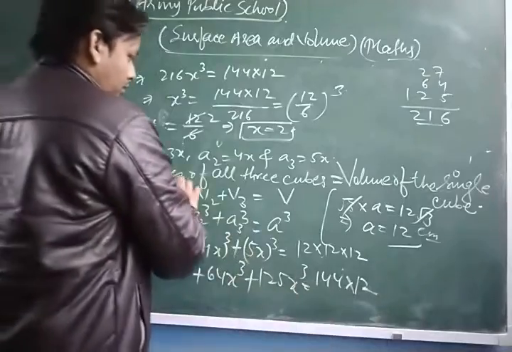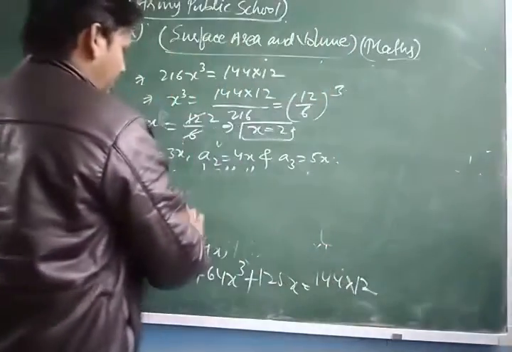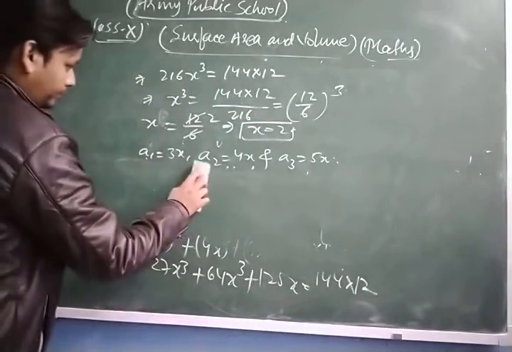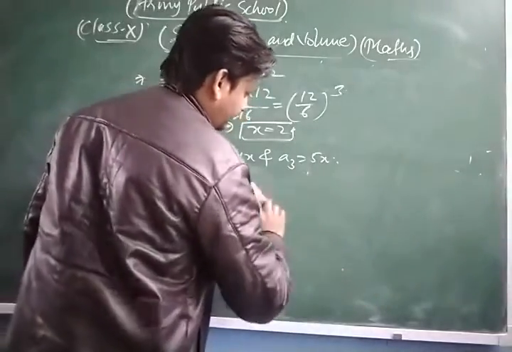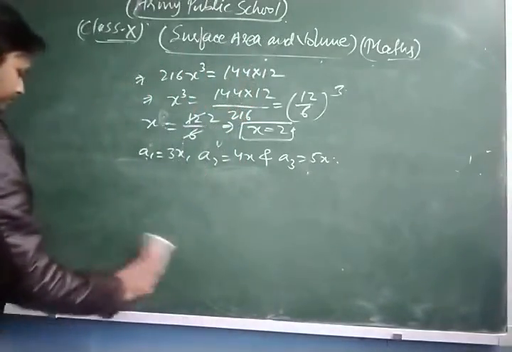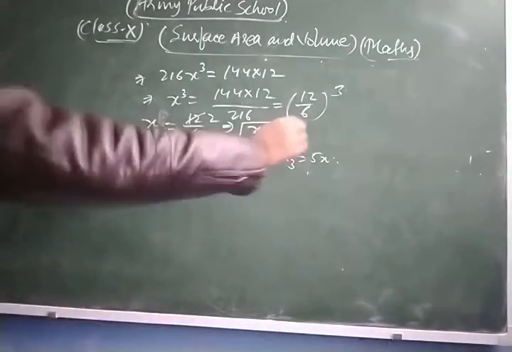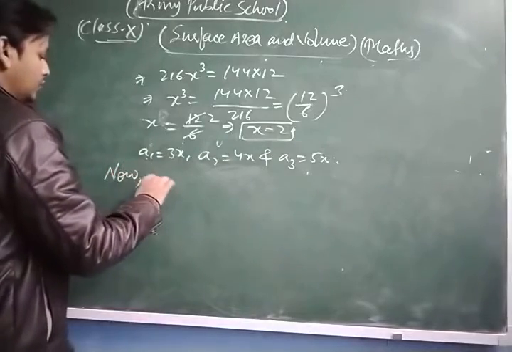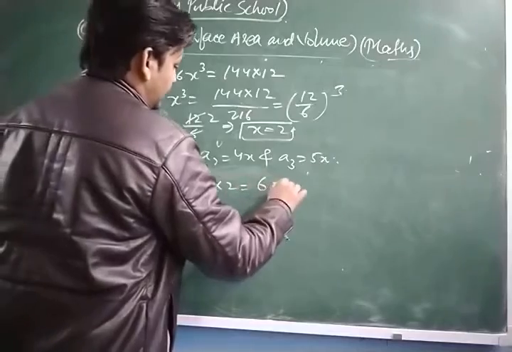Now look. Now the edges of all three cubes: a1 is what? 3 into 2, that is 6 centimeter.